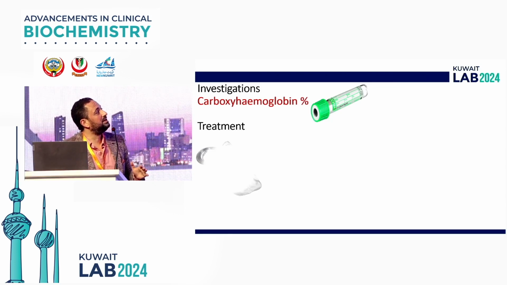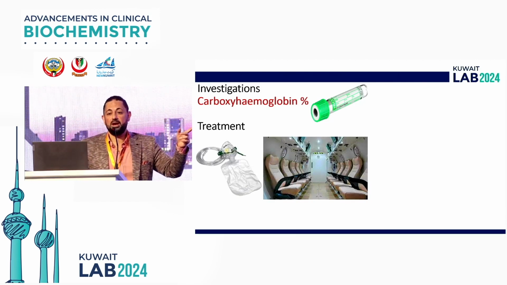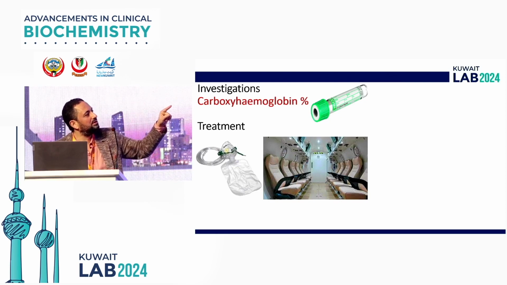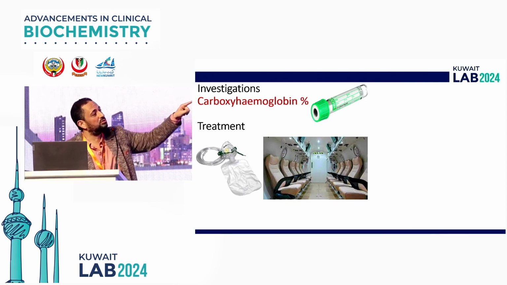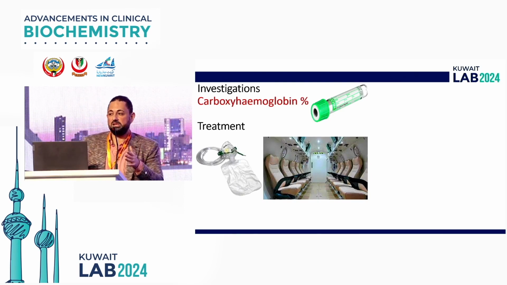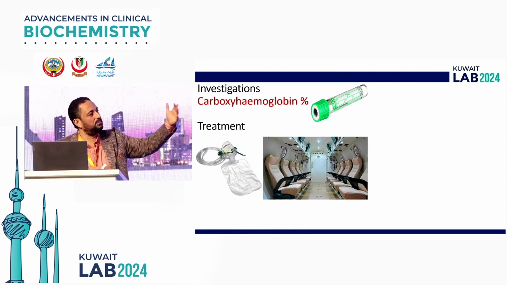What is the treatment given for carbon monoxide cases? Oxygen and HBO, hyperbaric oxygen. The level of carboxyhemoglobin is very important for us to decide to transfer the patient for hyperbaric oxygen therapy in Jahra. We have an agreement with Jahra Hospital for transferring patients for hyperbaric oxygen therapy.